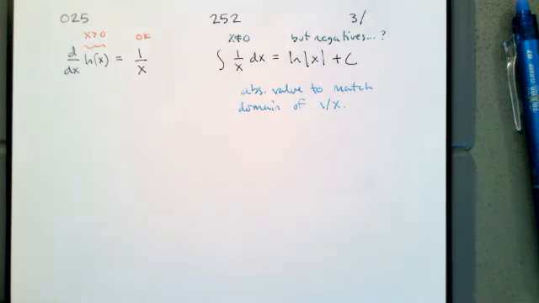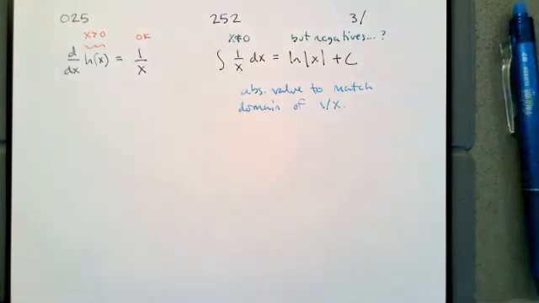Great. That's going to get us started on finding antiderivatives. We've got to look at all the rest of the derivatives that we know and turn those around into antiderivatives. And then we have to take the rules for derivatives, product rule, chain rule, and figure out how to invert those. So that's our big plan.